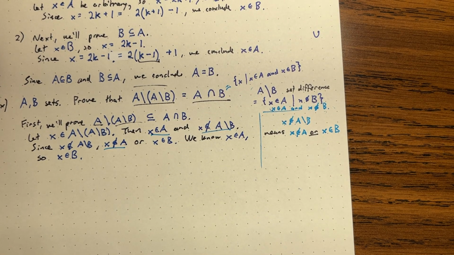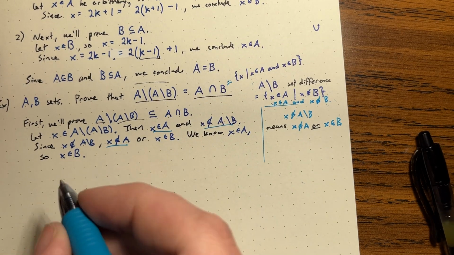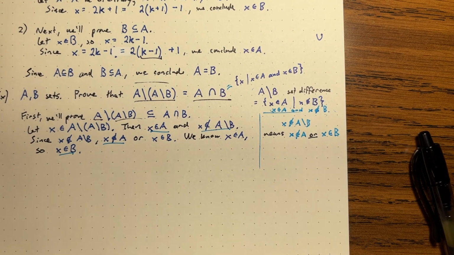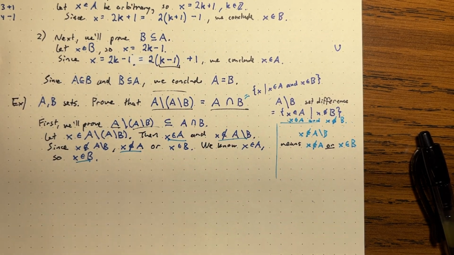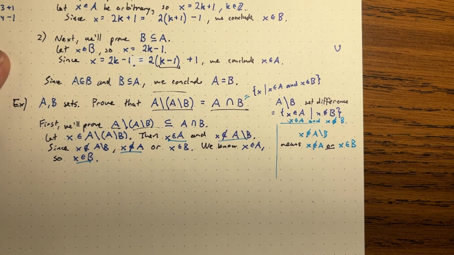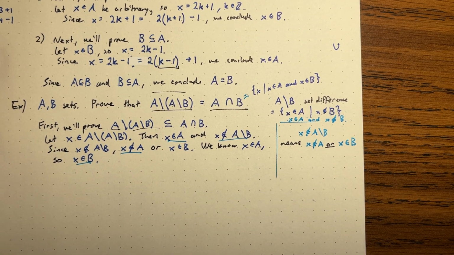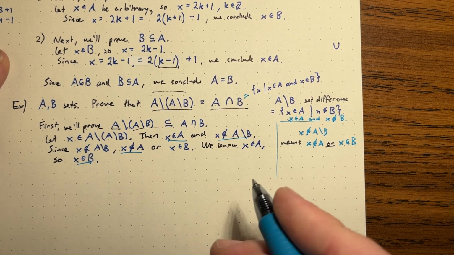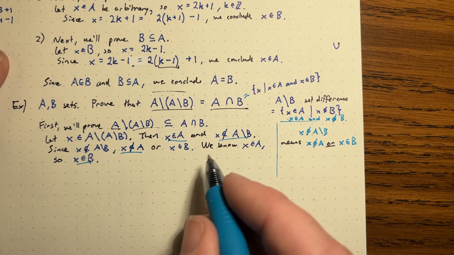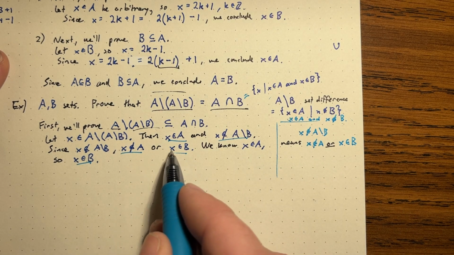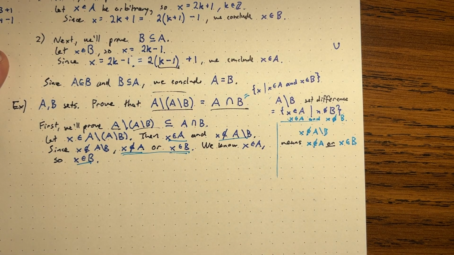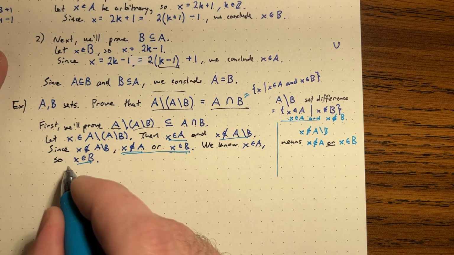Okay. And we've kind of unraveled what this all means. The first time I did a problem like this, I remember it probably took me a good half hour just trying to unravel all the definitions. So where are we at so far? We know x is in A, so x has to be in B because of the OR here. But wait a second.